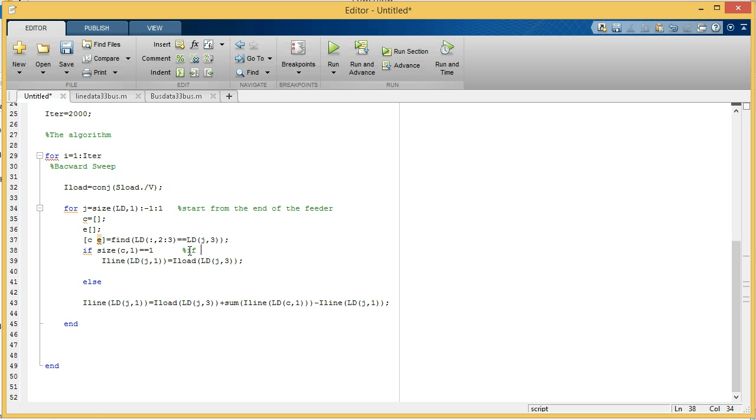Okay, so I'm gonna write a definition here. If C has only one value, that means J is a beginning or an ending bus.